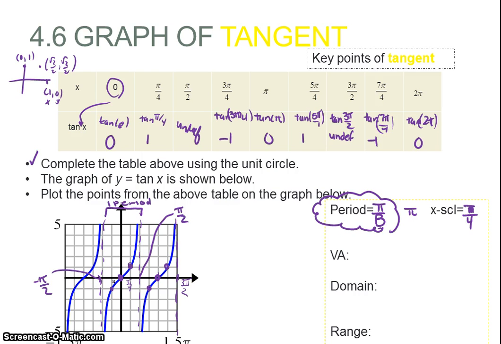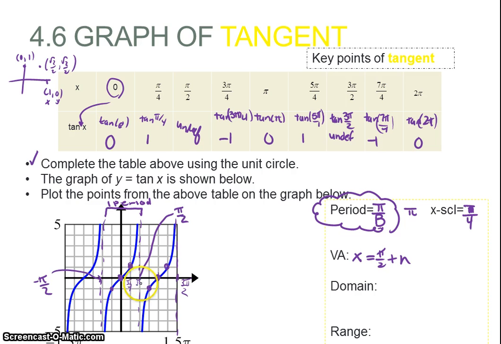So we're still going to divide it into 4 so that we know that it's split into 4 pieces, just like before. Our vertical asymptotes, just like secant and cosecant, it's x equals, you look for the first non-negative asymptote, which is at pi over 2, plus n times the period, and the period in this case is pi. It's the distance between your asymptotes, just like it was for secant and cosecant.